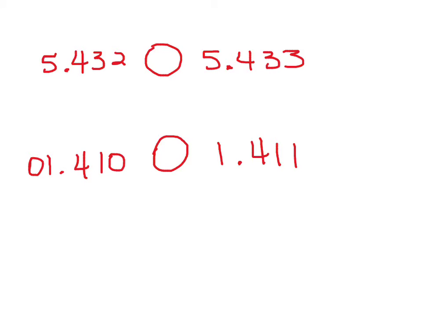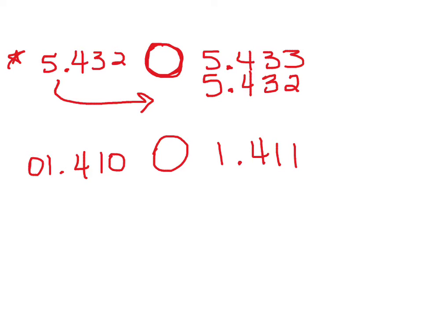All right, so if we have these two numbers, 5.432, and then this is going to be my greater than, less than, or equal to 5.433. First thing we have to do is line the numbers up vertically. So I'm going to take this number and push it over here so that I can line them up and compare them. 5.432.